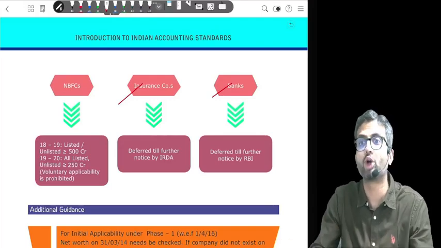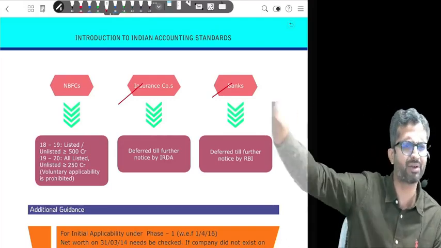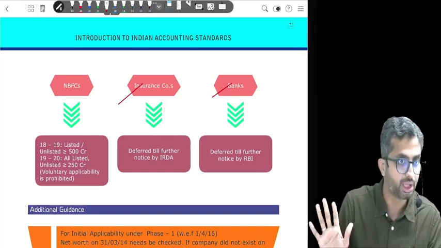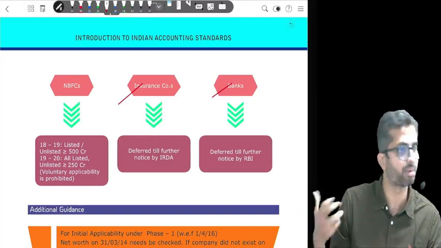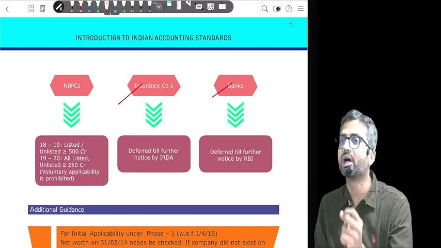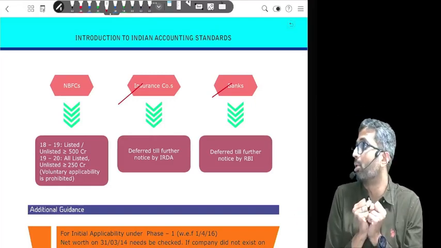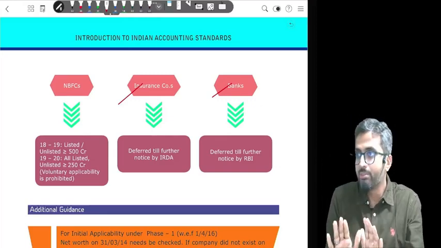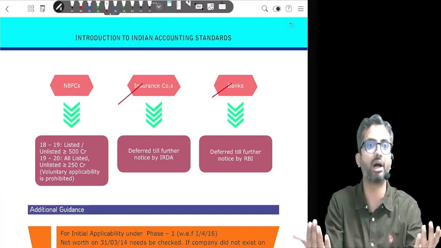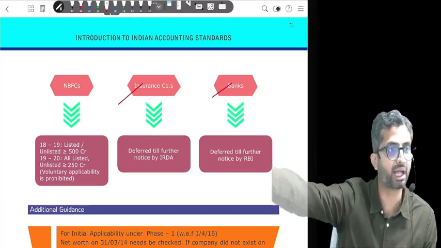You don't have a saving or current account. In an NBFC, at max, you can make a fixed deposit. In banks you can also make a fixed deposit. So generally RBI is more worried about banks because people's hard-earned money is in saving and current accounts. So RBI said, okay, let us see how things go and then we make it applicable to banks.